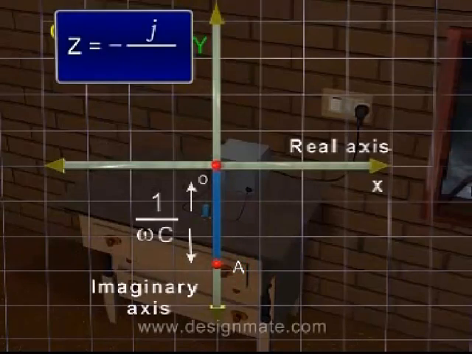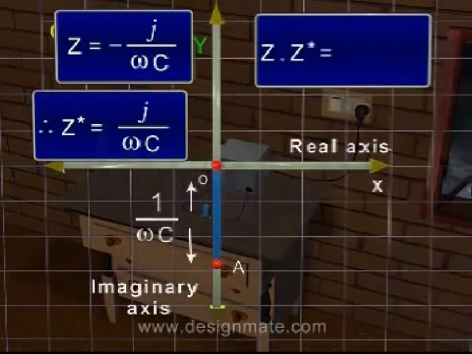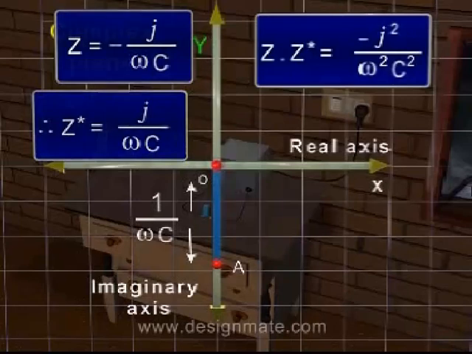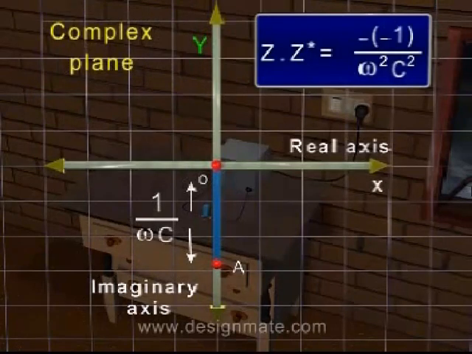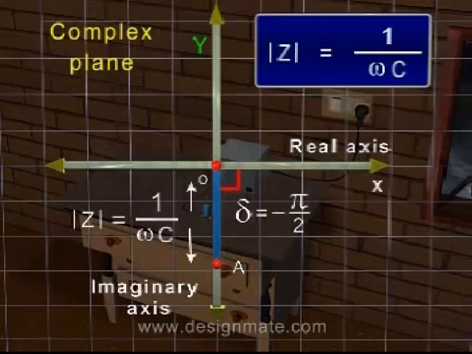Now, Z is equal to minus j upon omega C, and modulus Z is equal to 1 upon omega C. Position of Z in the complex plane is as shown in the figure. Here, delta is equal to minus pi upon 2.